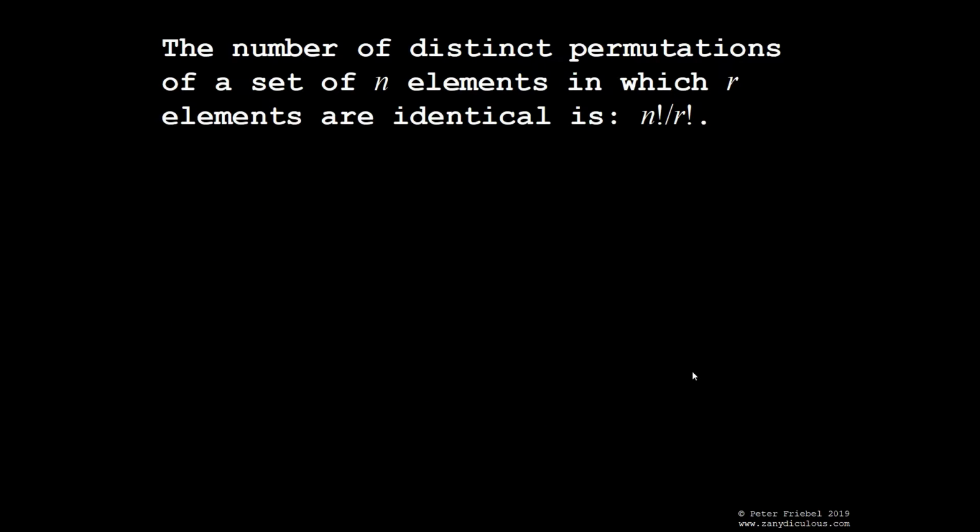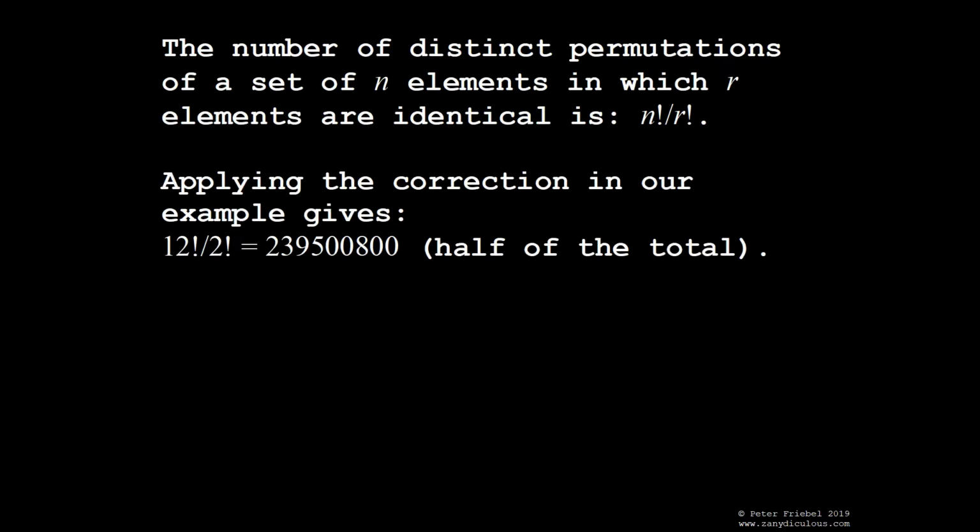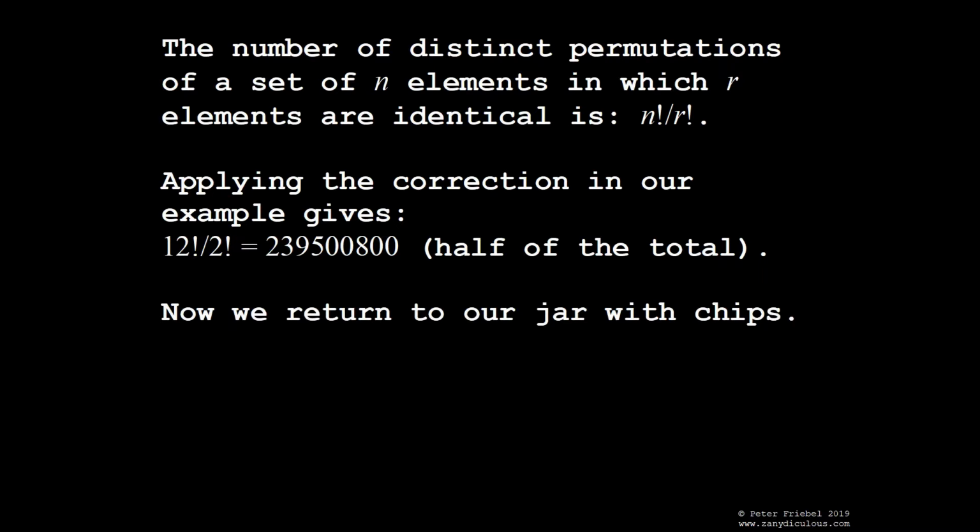The number of distinct permutations of a set of n elements in which r elements are identical is n factorial divided by r factorial. Applying the correction in our example gives 12 factorial divided by 2 factorial, which gives 239,500,800, half of the total, not surprisingly, of course.